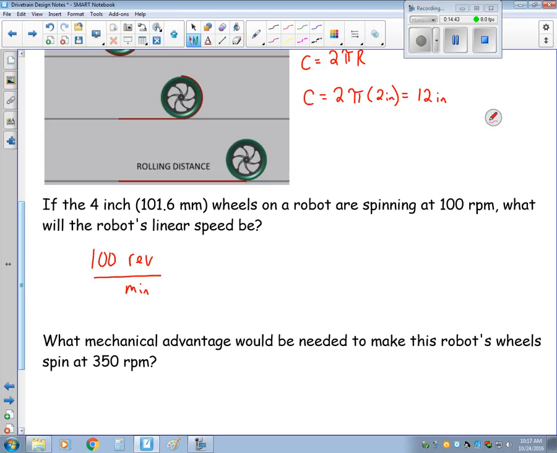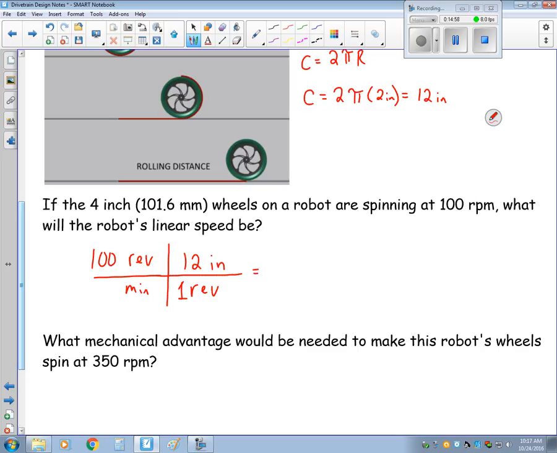So I could do a factor label. I could say for 100 revolutions per minute, it's traveling at 12 inches per revolution.